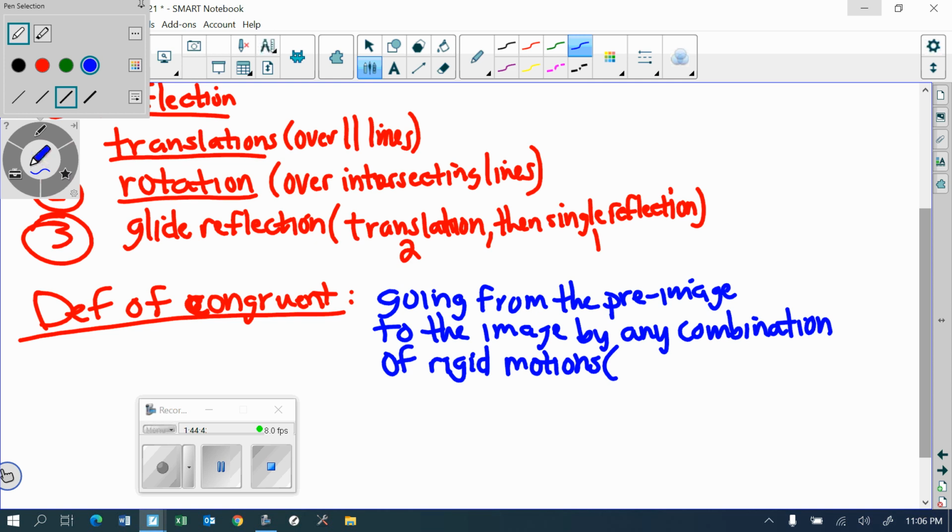Of course, or they could say isometries, since they're the same thing. So you want to memorize this definition.